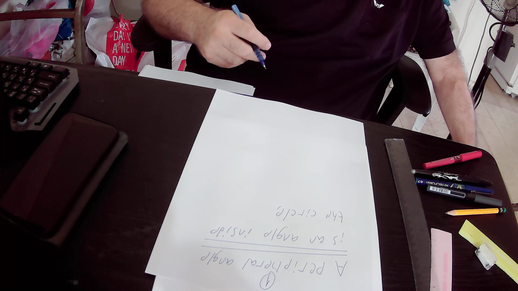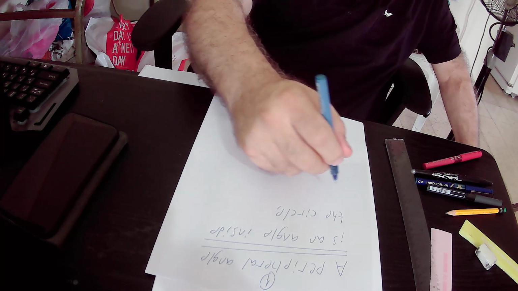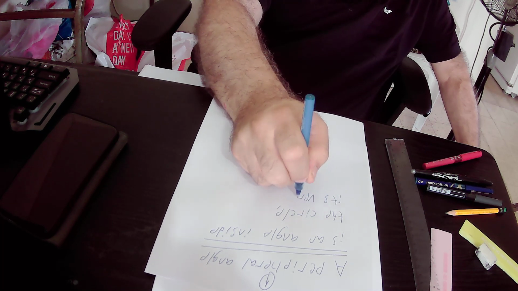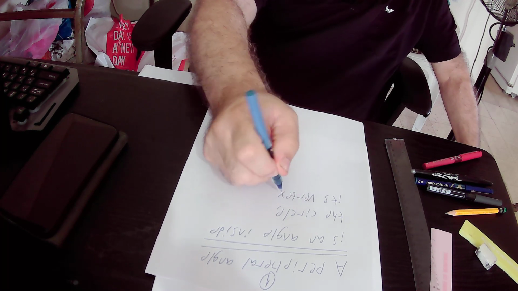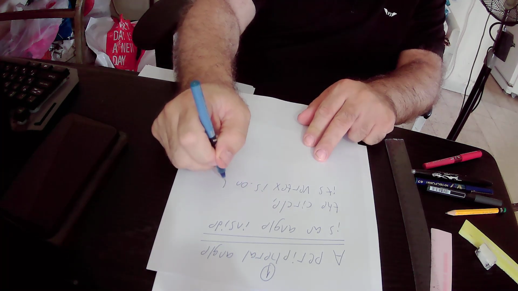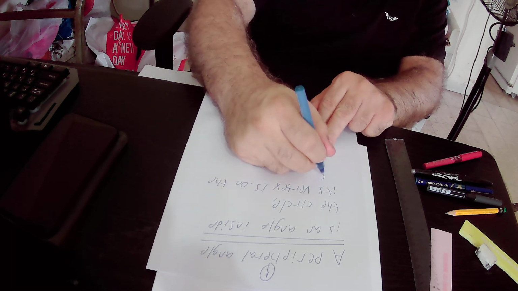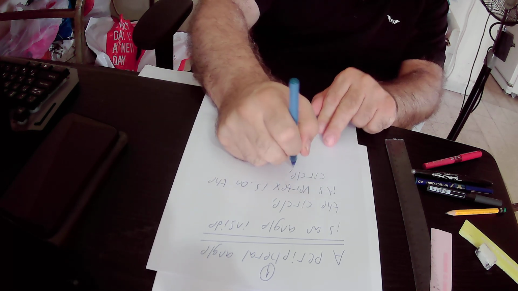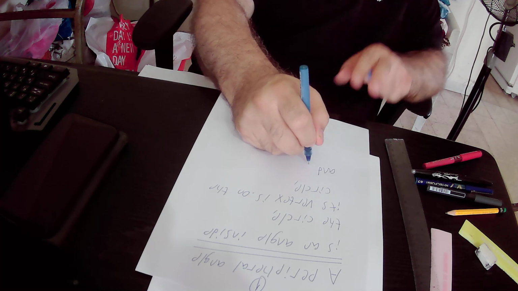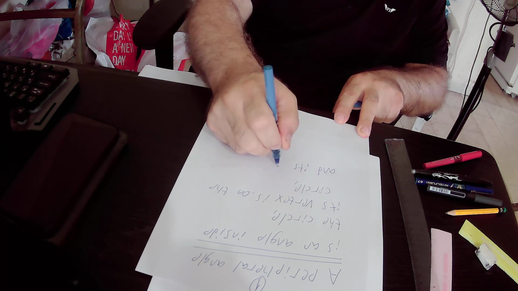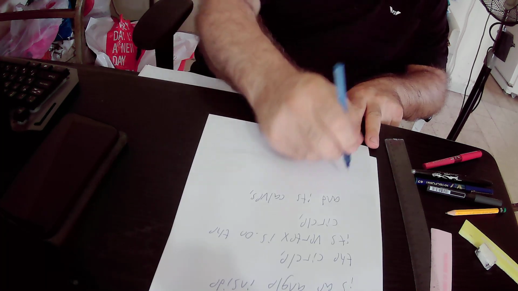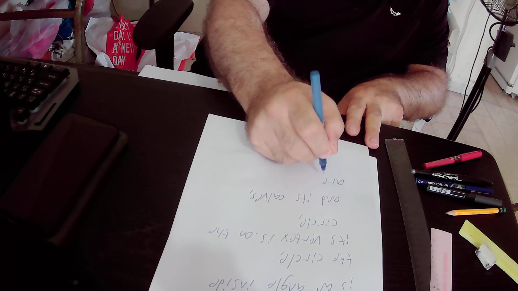Its vertex is on the circle and its curves are chords in the circle.